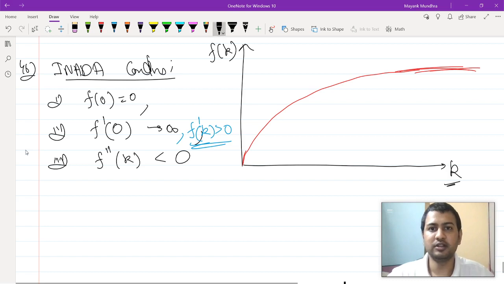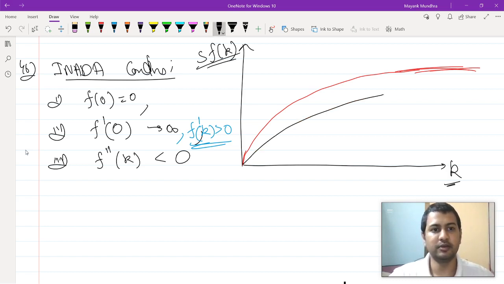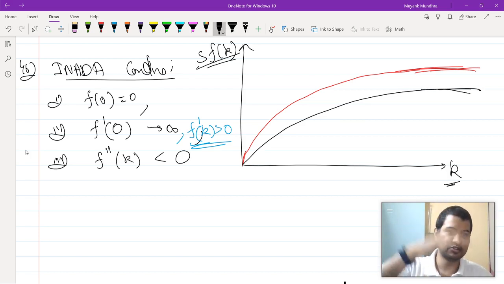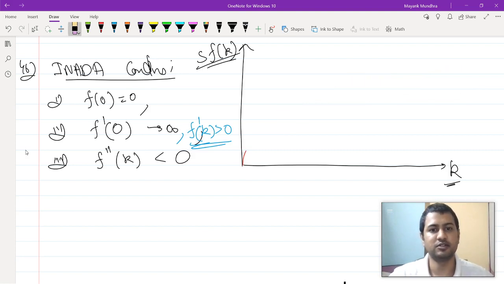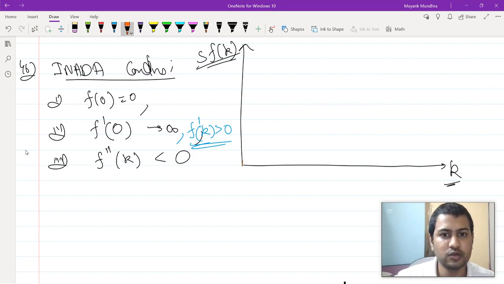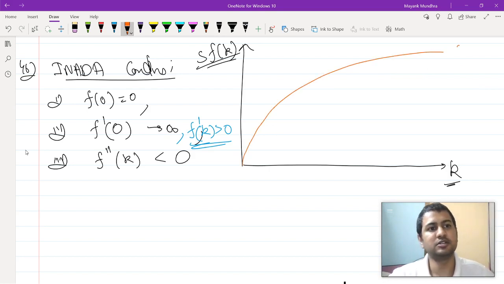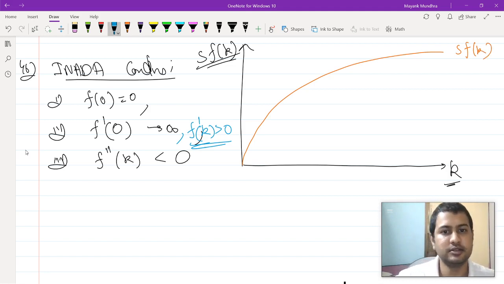So when you plot the function s f of k, it will basically be a pushed down version of the red curve. Okay, so let me just plot s f of k. So I'm taking some liberty and drawing a huge graph. Suppose this is the function s f of k, and this is the function delta k.